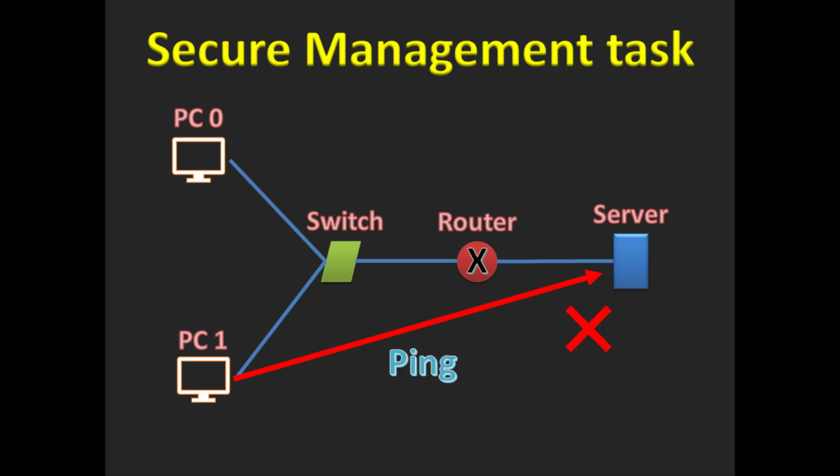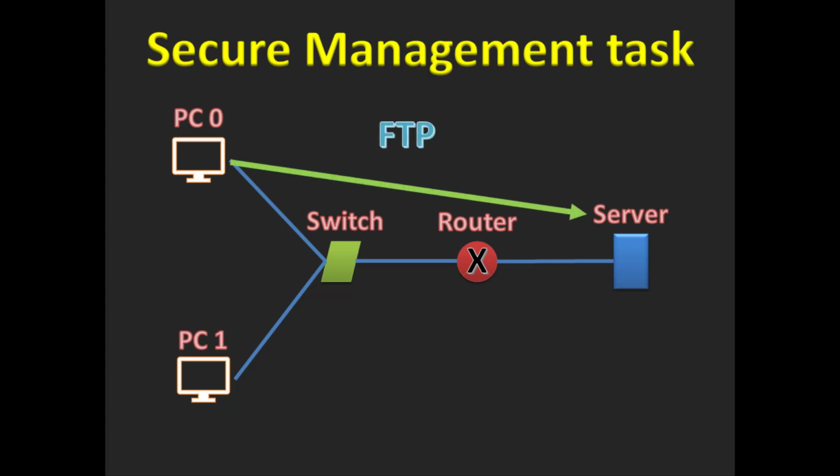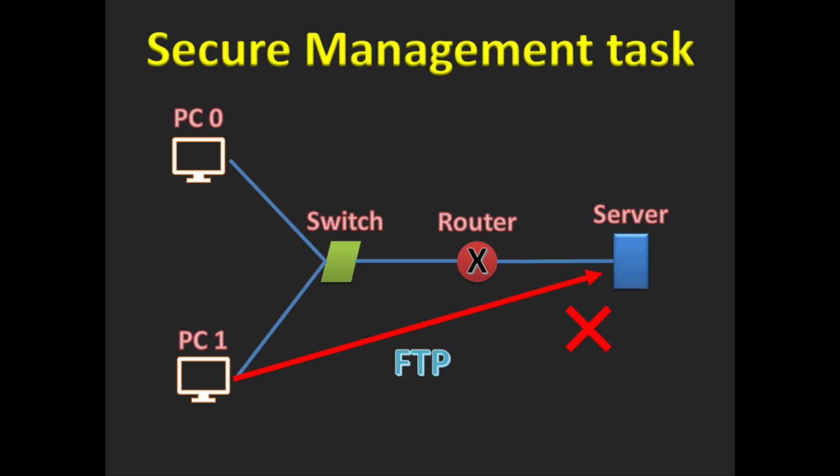We will configure this network in such a way that PC0 to server succeeds and PC1 to server is unsuccessful. Then the next task is that PC0 can easily access the FTP service from the server, while PC1 cannot, so it is blocked.